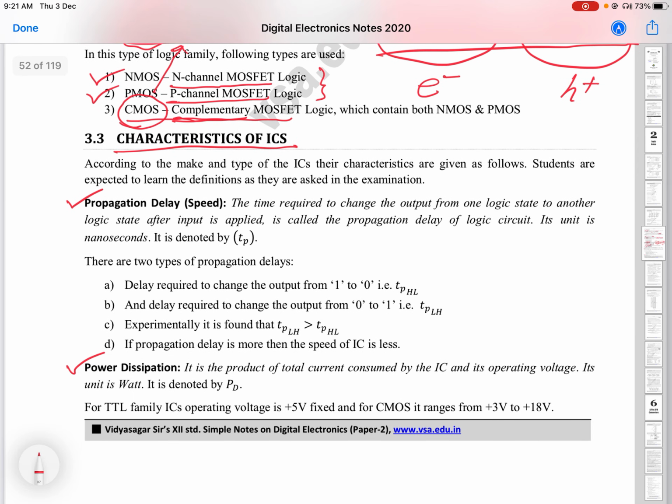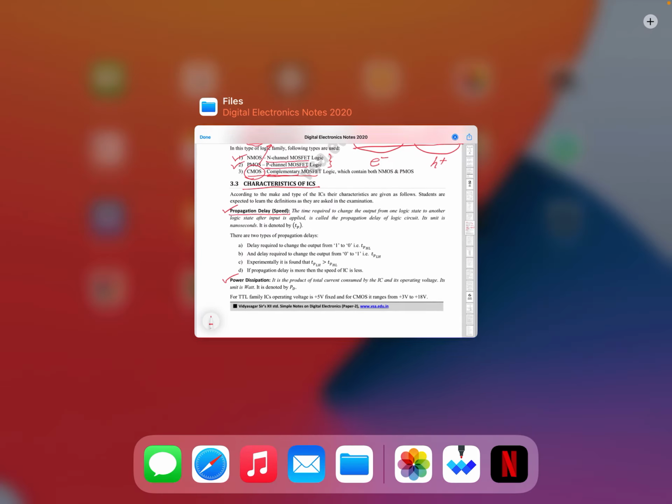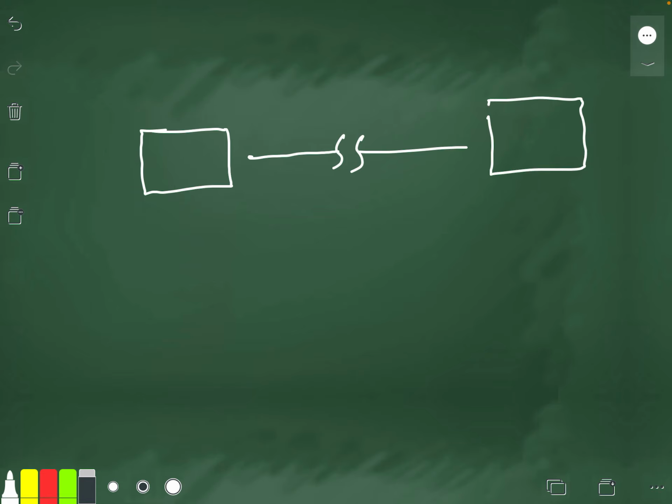For the first point, propagation delay, we have to understand one important concept, and let us see it. Suppose we have one mobile over here, any type of mobile, smartphone or simple phone, and from this mobile you are calling a person who resides somewhere in the USA, means you are doing an overseas call.